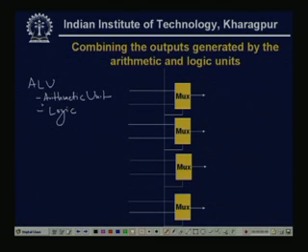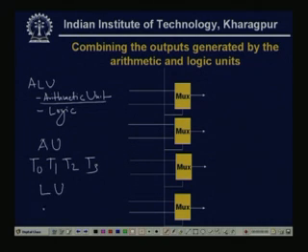If the outputs of the arithmetic unit are defined as T0, T1, T2, T3, and the logic unit outputs are G0, G1, G2, G3, then another step we can do is combine the logic unit outputs and arithmetic unit outputs together by using some multiplexers.